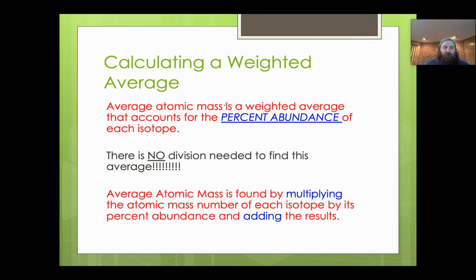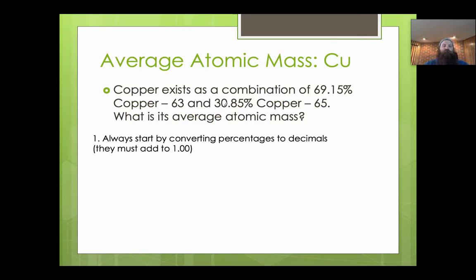Big common mistake I see kids make. They want to divide because they see the word average. And when they see the word average, they think, oh, we add them all up and divide by the population, right? We divide by how many numbers there are. Okay, that's true. That is how you find an average. It's not how you find a weighted average. So we're going to multiply, and then we're going to add. That's going to give us our answers. So let's look at one of these.